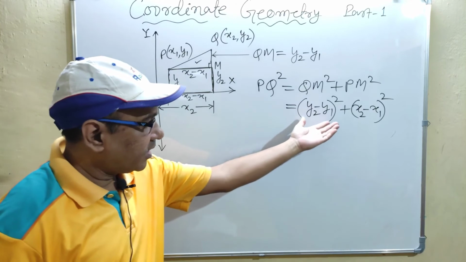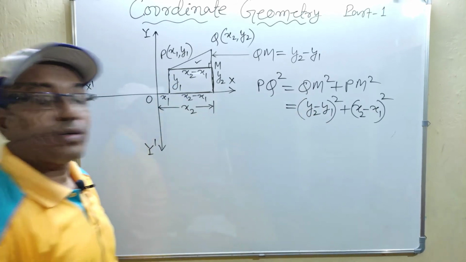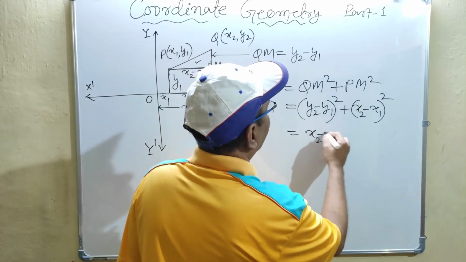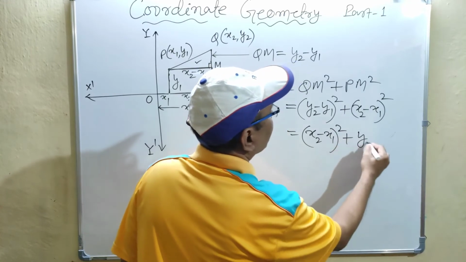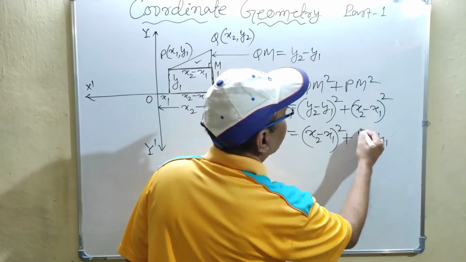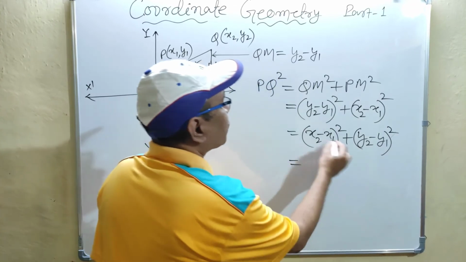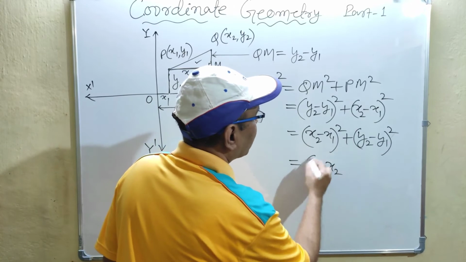So PQ square can be written as y2 minus y1 whole square plus x2 minus x1 whole square, or this can also be written as x2 minus x1 whole square plus y2 minus y1 whole square. This can also be written as x1 minus x2 whole square, the same as x2 minus x1 whole square.